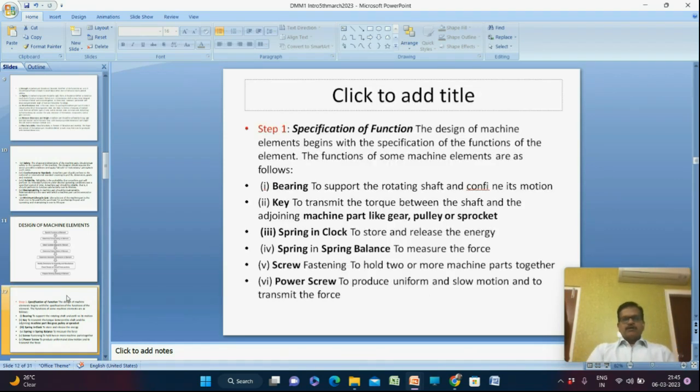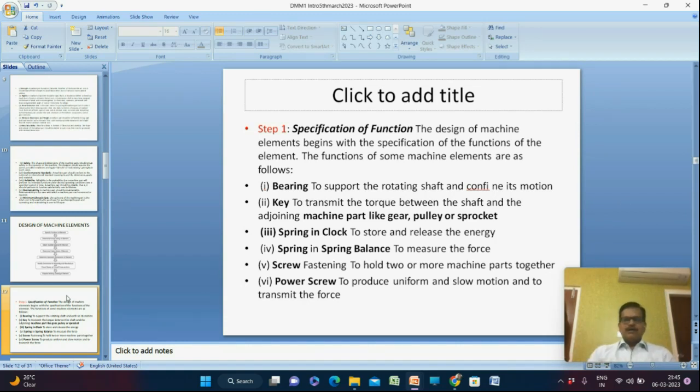Step 1, specifications of function. The design of machine element begins with the specification of functions of the element. The functions of some machine elements are as follows. Number 1, if you take a bearing, it is to support a rotating shaft and confine its motion.